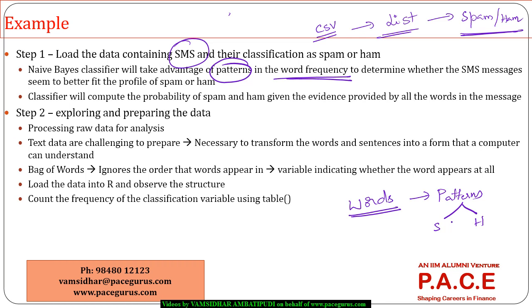Based on that, it will determine whether any new SMS message would be classified as spam or ham. So the overall classifier will compute the probability of a particular message being spam or ham, given the evidence associated with all the words that are part of the message. So that is how the overall model will work.